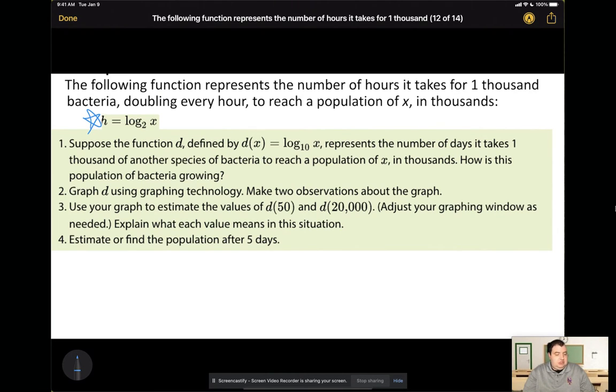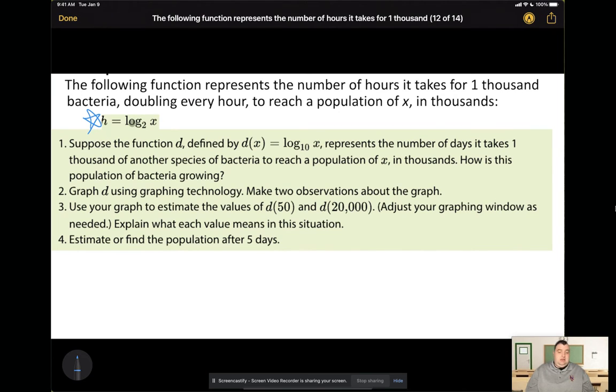Suppose the function d, defined by d of x equals log base 10 of x, represents the number of days it takes 1,000 of another species of bacteria to reach a population of x in thousands. How is this population of bacteria growing?